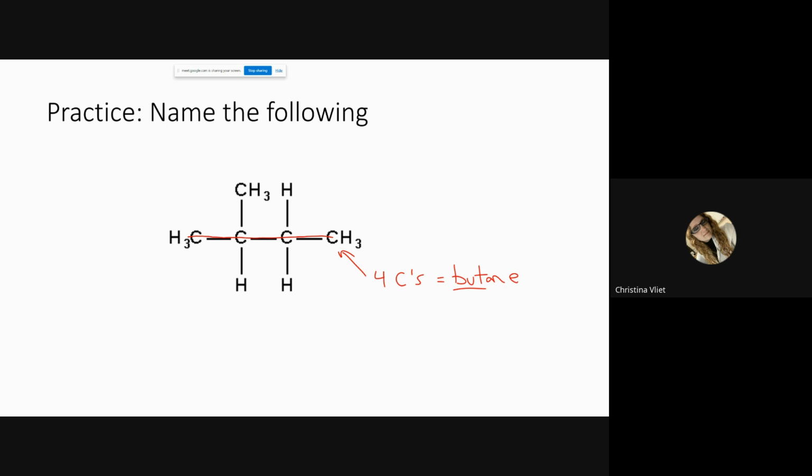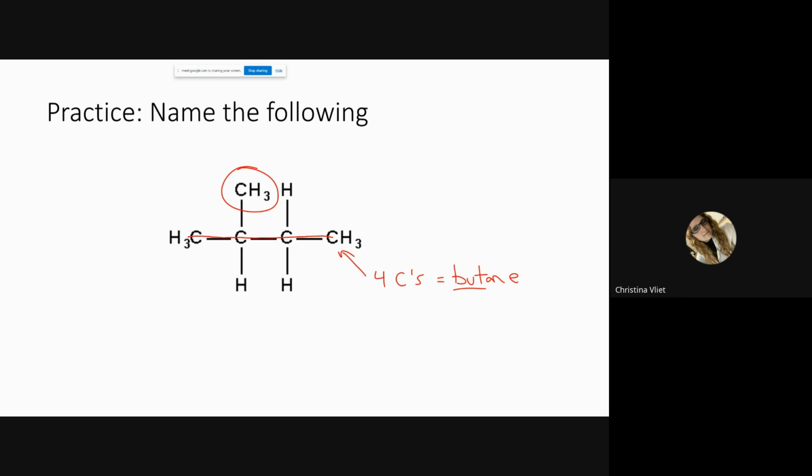Hydrogens are always there. They are not part of the name. So what's off the chain? You're going to want to circle that. This is the only group that's off the carbon chain, meaning we've now accounted for 4 carbons, but we still have a group left over. We have to incorporate that into the name.